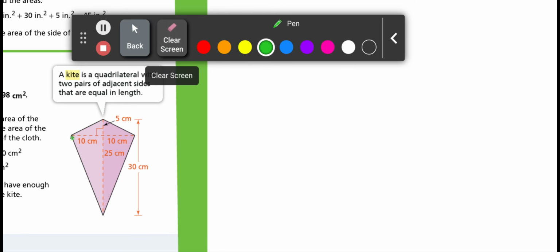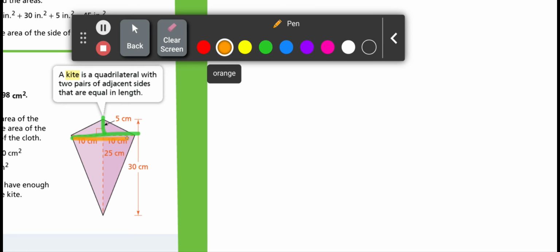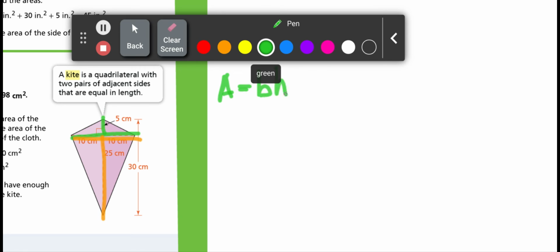Or I see it as a base and a height and a base and a height. So let's do it this way, how I just did it. The green. So we're going to use our area formula for a triangle. Area equals base times height divided by 2.